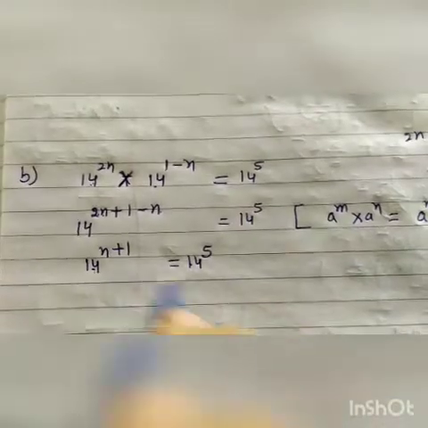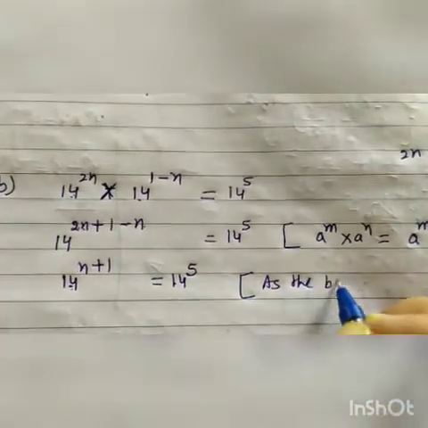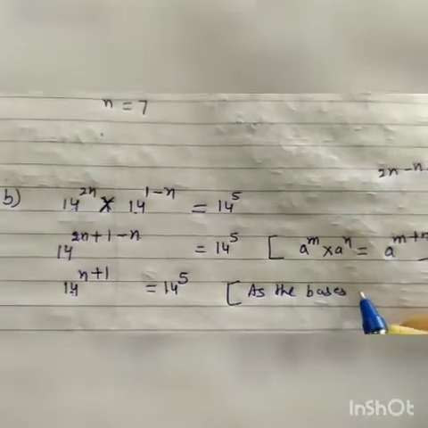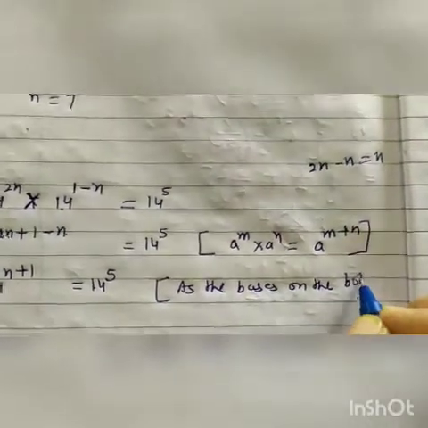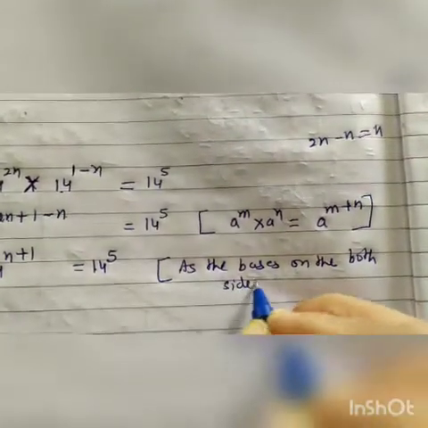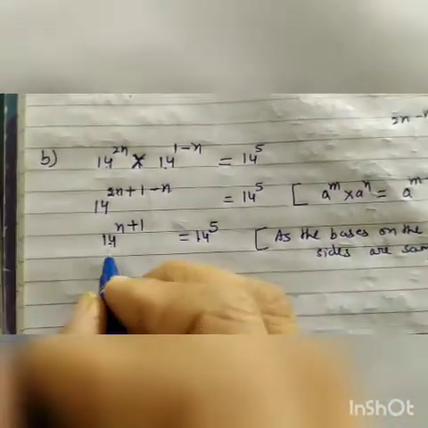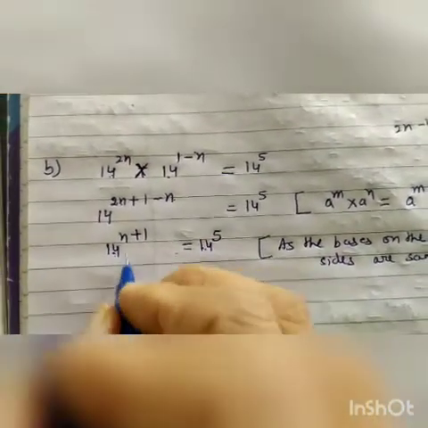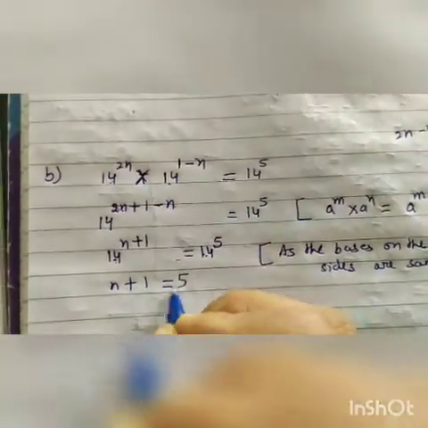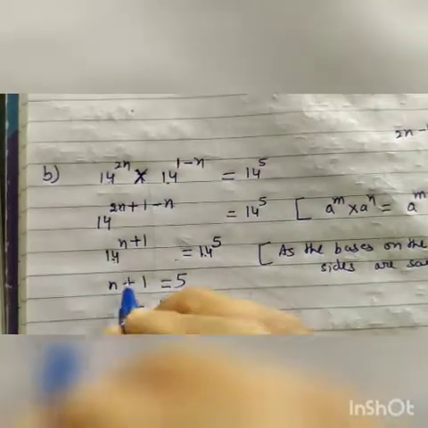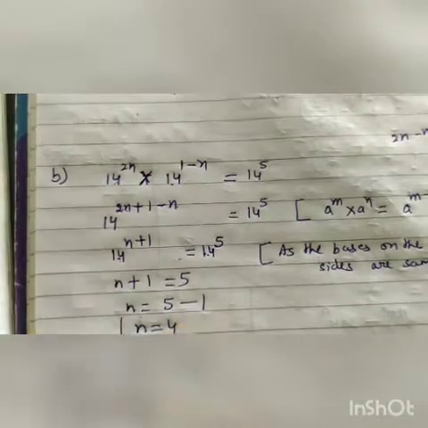Again both the bases are same, so the bases on both sides are same. We can neglect these bases and their exponents will be equal. n plus 1 is equal to 5, then n is equal to 5 minus 1, n is equal to 4.